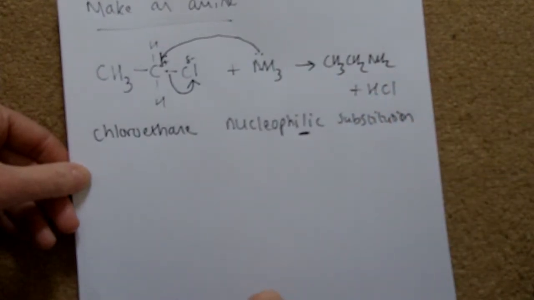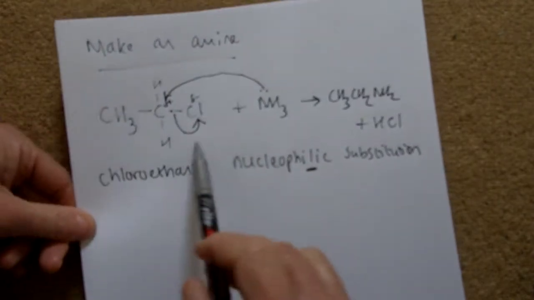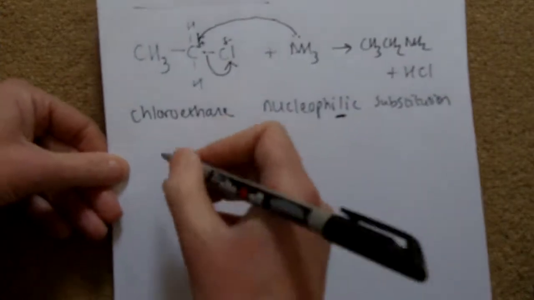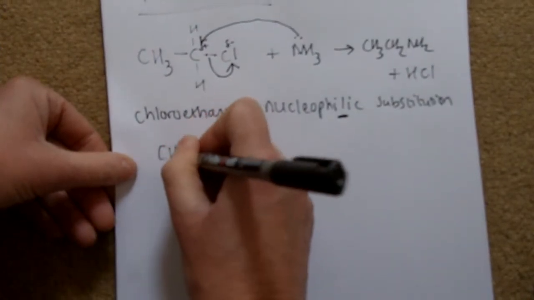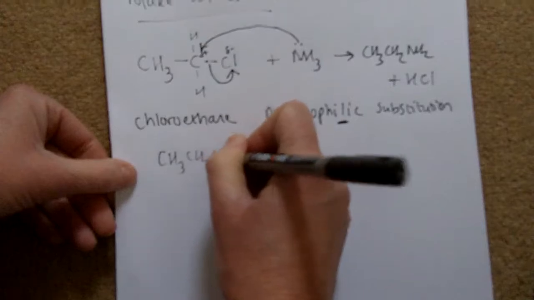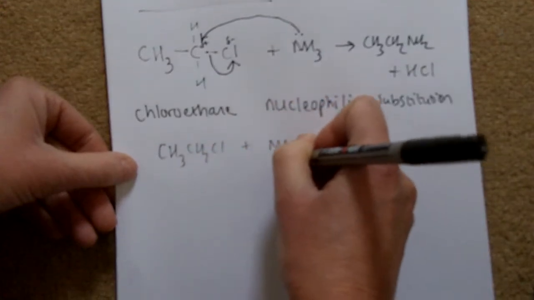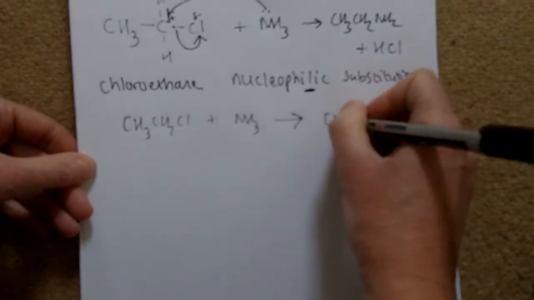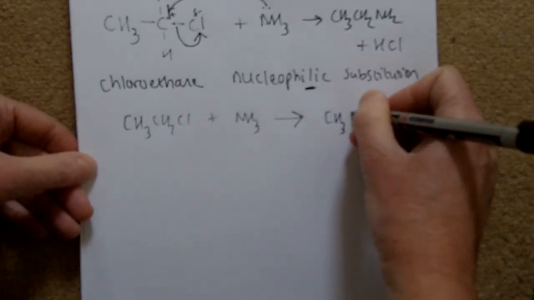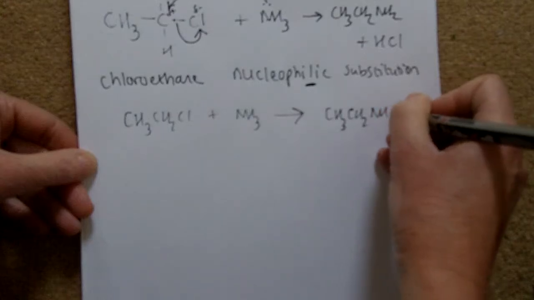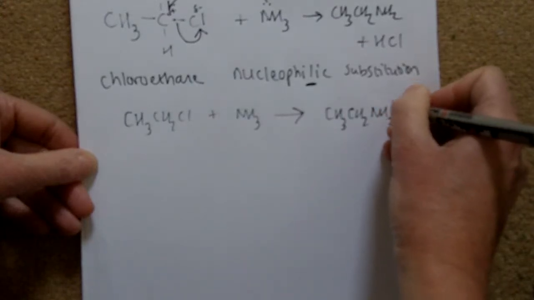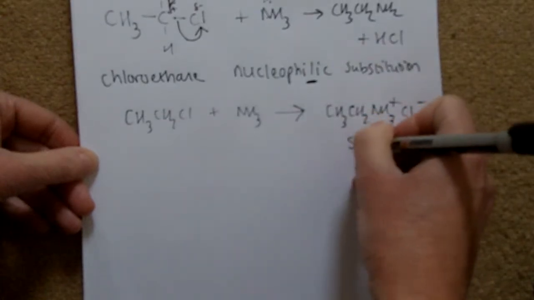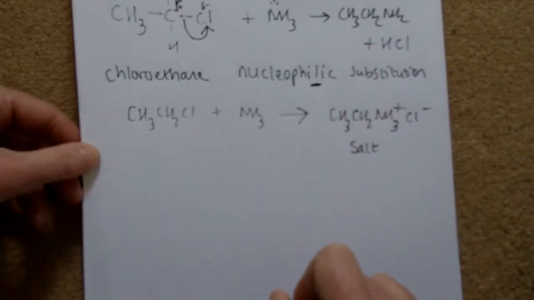Okay. Now that equation that I've written there is not actually completely correct. Yeah, because what actually will happen is if you take chloroethane and ammonia, if we're being very proper about it, we should make the salt CH3CH2NH3+ Cl-, which is the ethyl ammonium chloride salt.